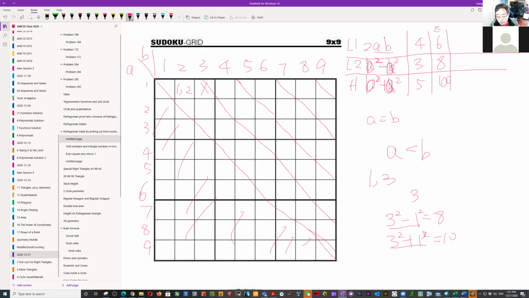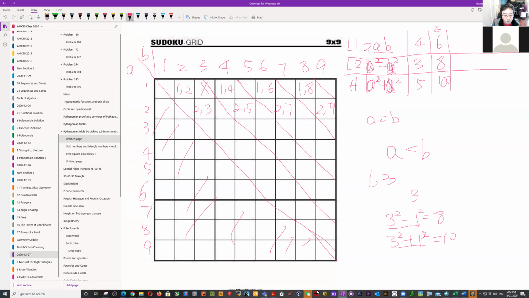By crossing out those impossible cells, we end up with 1, 2; 1, 4; 1, 6; 1, 8. Then 2 and 3, 2 and 5, 2 and 7, and 2 and 9.